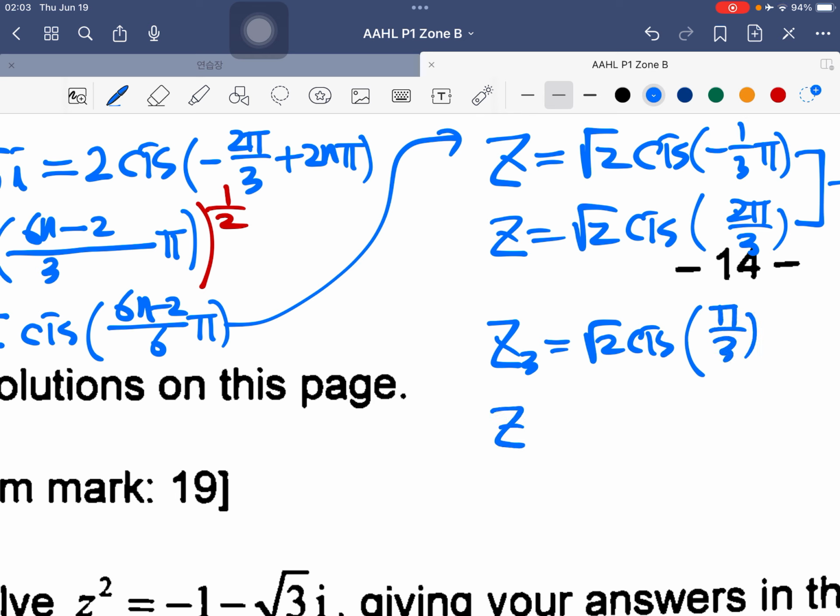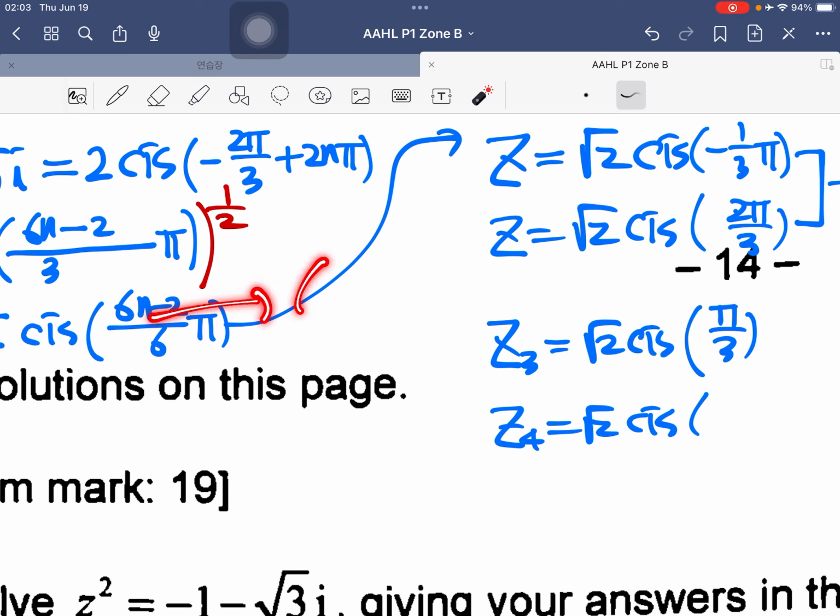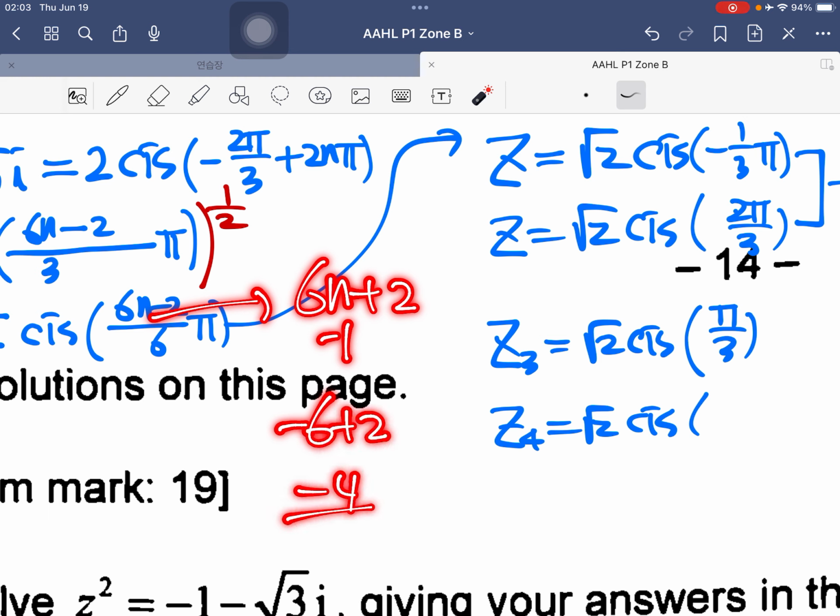And z4 should be square root of 2 cis, with a plus, putting minus 1 there, we will have 6n plus 2, putting minus 1 over there, we got minus 6 plus 2, so minus 4 over 6 pi, equal to minus 2 pi over 3.